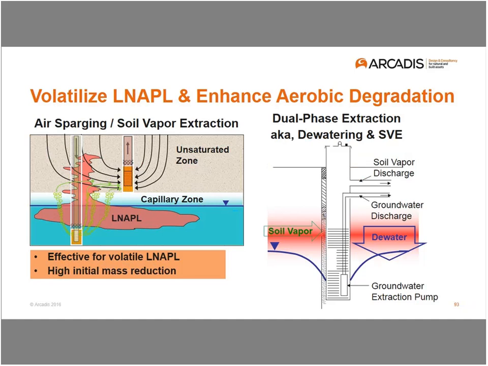Here you're pulling the groundwater down below that NAPL zone to let the air flow through the NAPL zone and volatilize the NAPL and enhance aerobic degradation, or you're bubbling air up through the NAPL zone to do the same thing. These techniques can have very high initial mass reductions, but typically you see them fall off within half a year to a couple of years. And then you're back to essentially a bioventing or biosparging system.